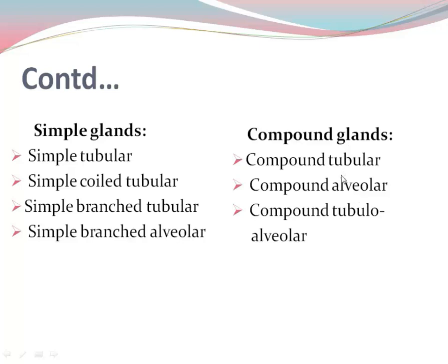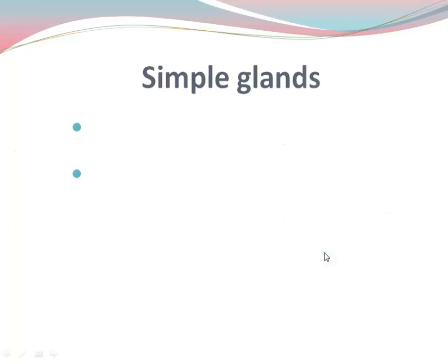And in the case of compound glands, you will find compound tubular, a lot of tubes with the branches, and compound alveolar. At the end of that compound gland there is an alveolus, and compound tubulo-alveolar, with a lot of tubules as well as alveoli. That is a compound tubulo-alveolar gland.